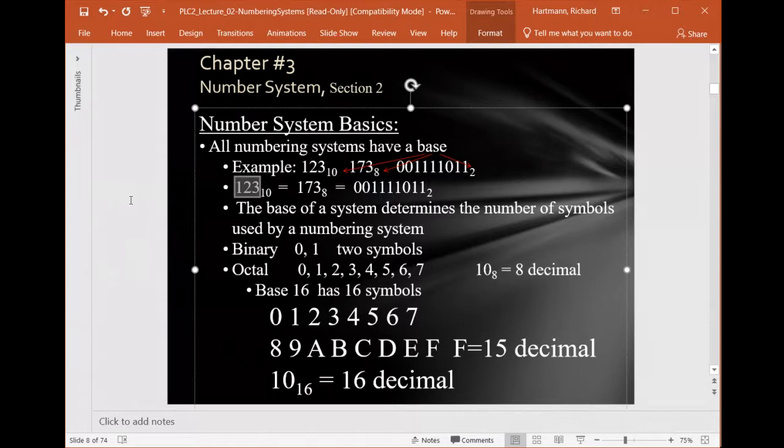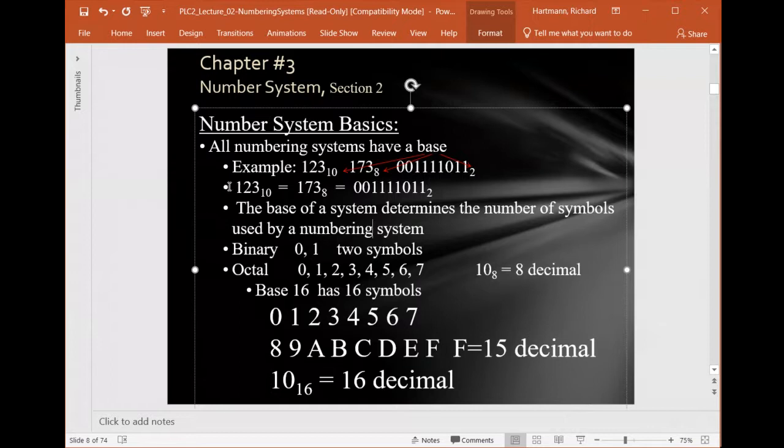So if we have the number 123, to describe that in base 10 takes 3 characters. To describe 123 in octal or base 8, we can still do that in 3 characters.